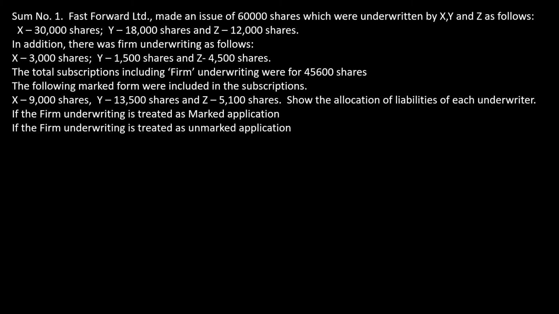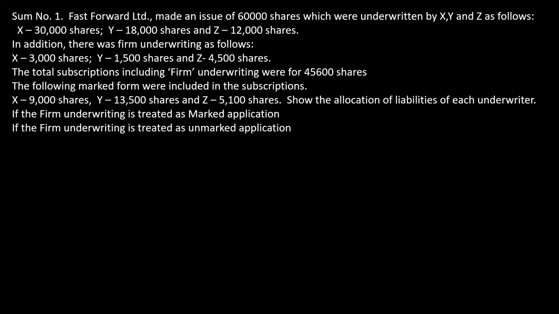In addition, there is a firm underwriting as follows: X 3,000 shares, Y 1,500 shares, Z 4,500 shares. The total subscription including firm underwriting was 45,600 shares. Out of this 45,600, the following marked applications were included: X 9,000 shares, Y 3,500 shares, Z 5,600 shares.